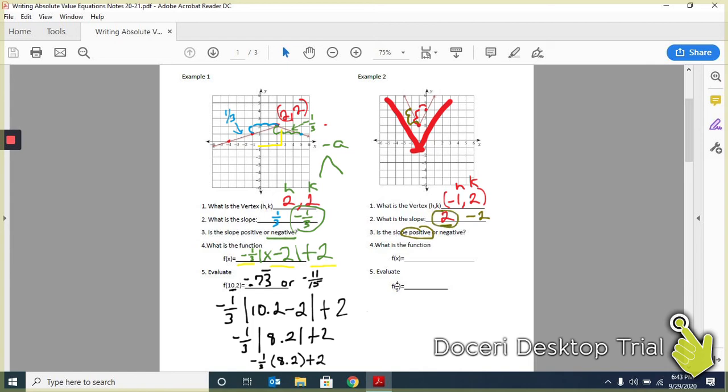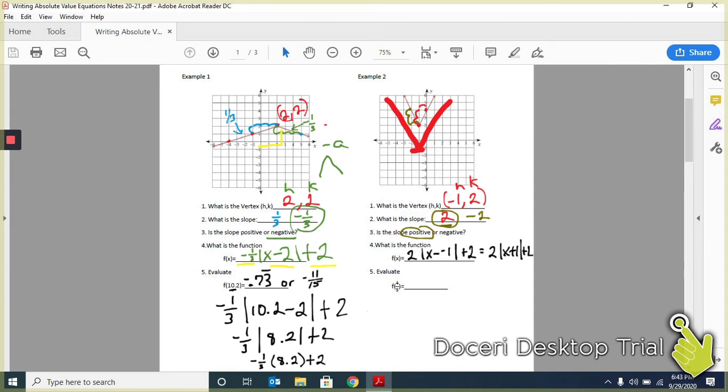So the function, again, is going to be f of x is equal to 2 absolute value of x minus negative 1 absolute value plus 2, which becomes 2 absolute value of x plus 1 plus 2. Okay.